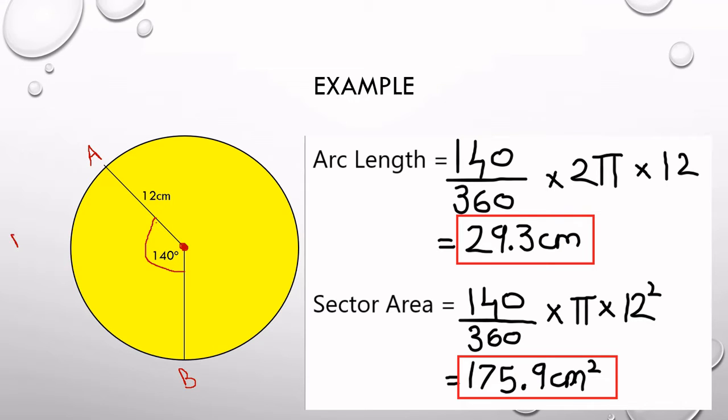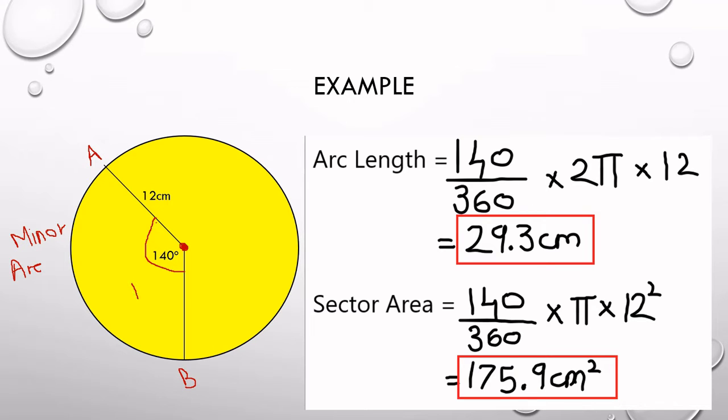Just write it, minor arc. Now why minor? Because it is less than 180.